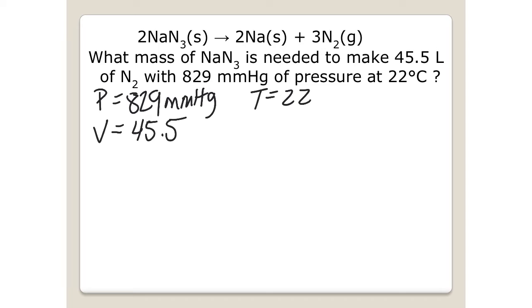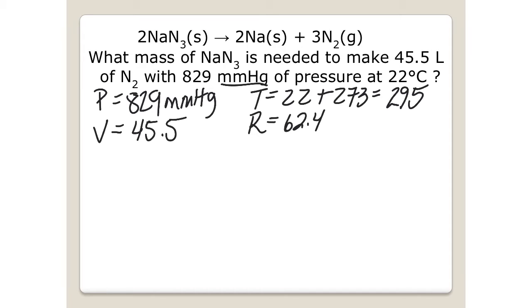It's in degrees Celsius, so we have to add 273, because remember, everything has to be in Kelvin, or it just will not work, to give us 295 K. And so our R value has to match the pressure. And the R value for millimeters of mercury is 62.4. So that's going to be our R.